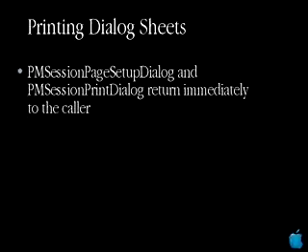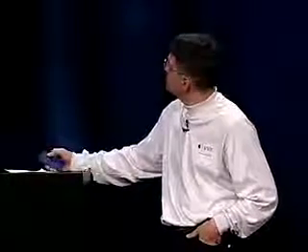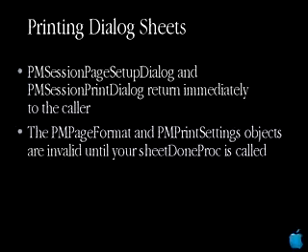That means the values that the PM print settings and PM page format objects that are passed into it are not really valid until your callback proc is called. That's this next point, is basically they're not valid until your sheet done proc is called.